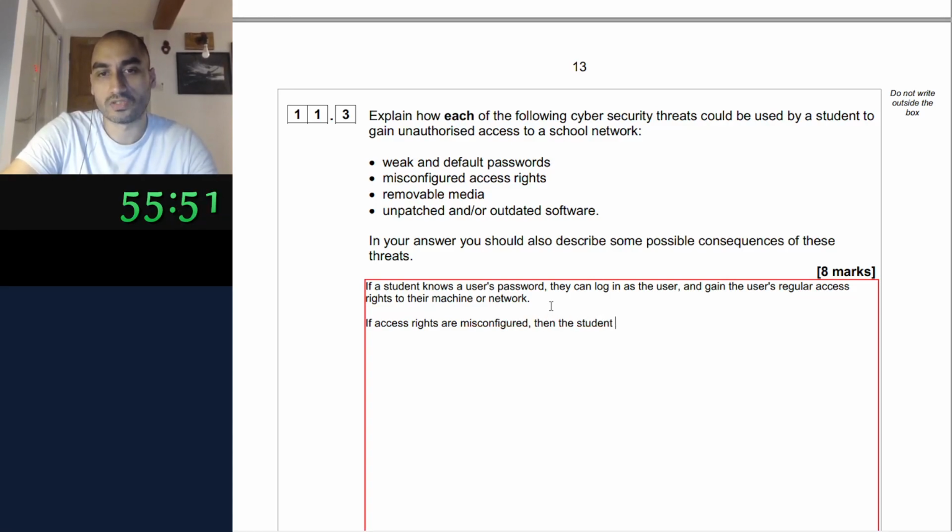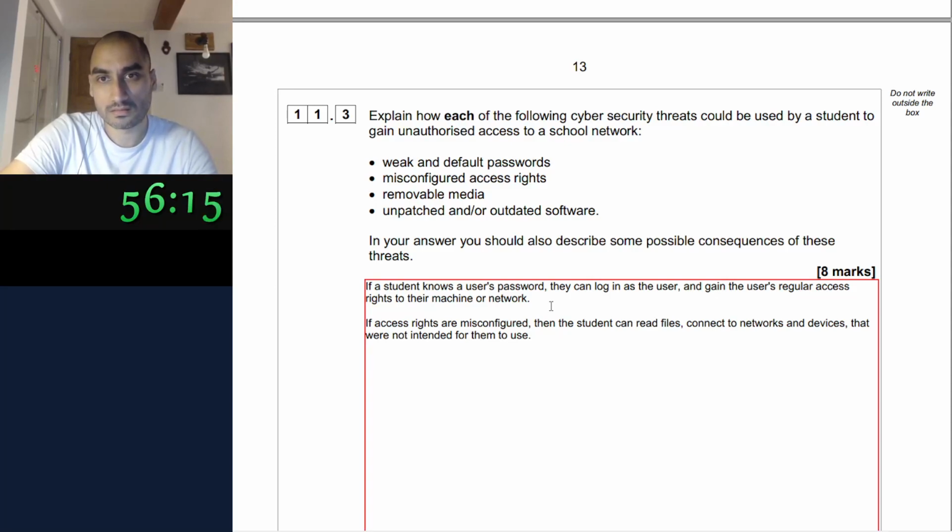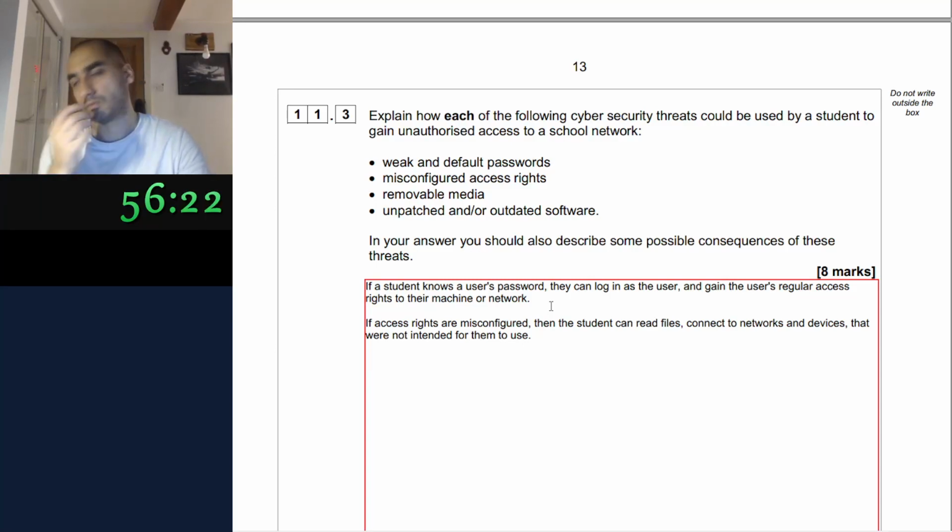Then the student can read files, connect to networks and devices that were not intended for them to use. I don't know. Removable media. Removable media? I don't know. What?